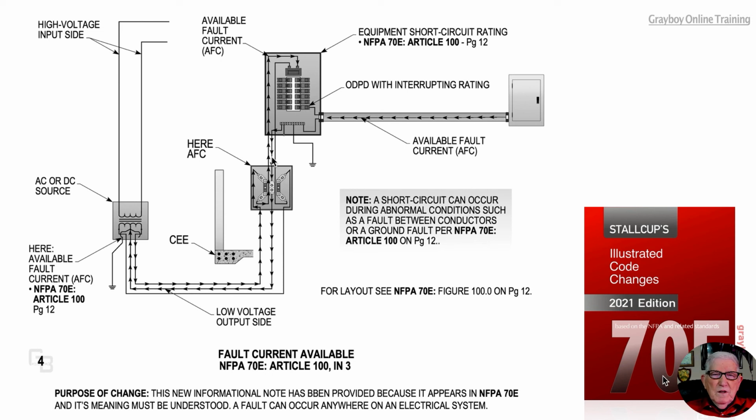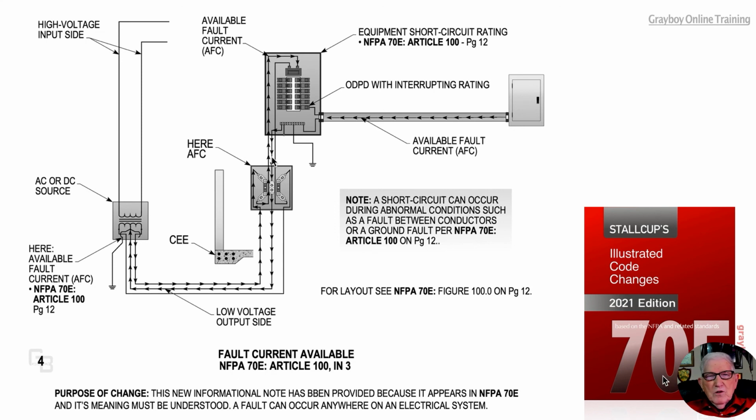Now, we know L1 to L2 ungrounded phase conductors could be a short circuit and create a problem. We know then L1 to ground, to the equipment ground, or to the metal enclosure that is grounded and connected to earth ground in some manner would be a ground fault.